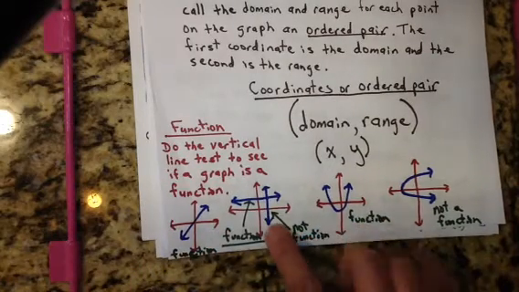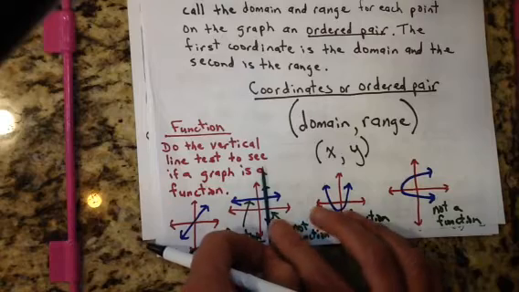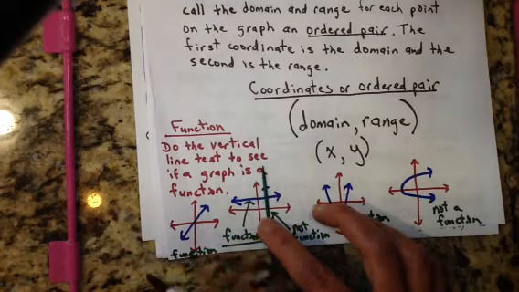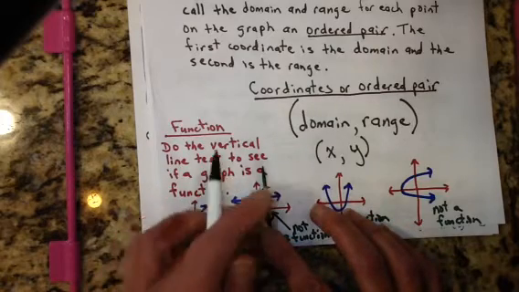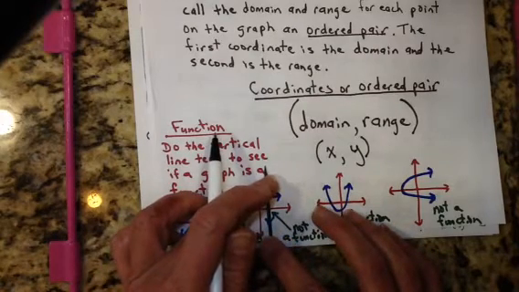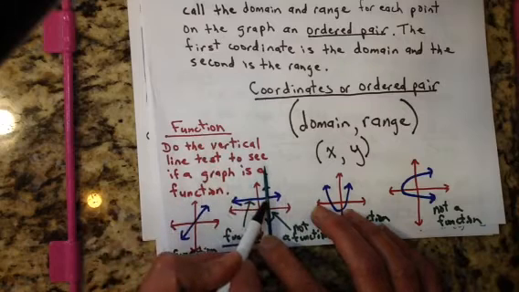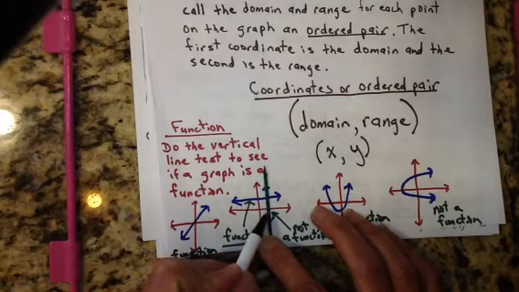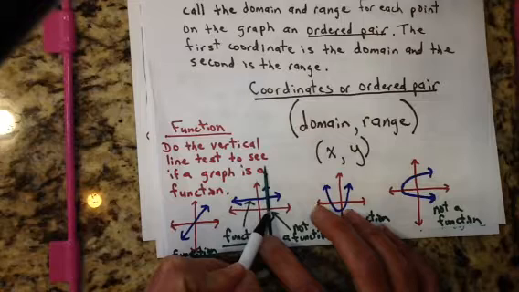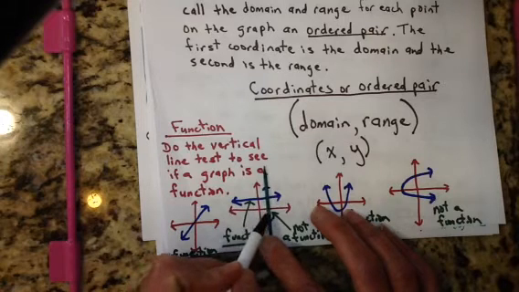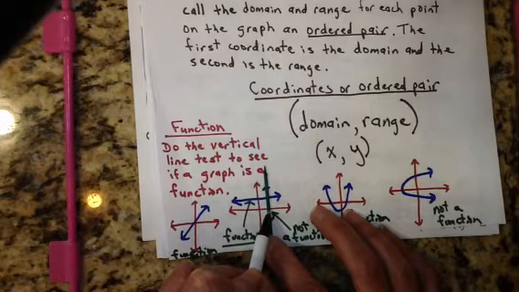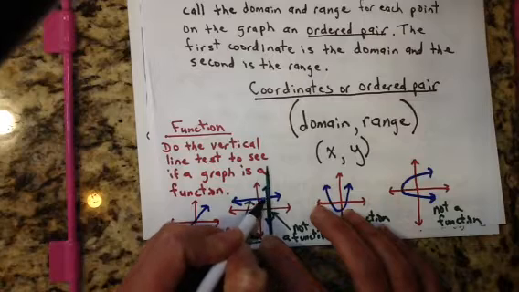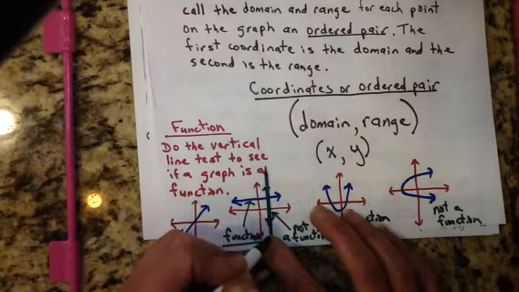However, look at this vertical line. When I put my straight toothpick on top of that, you can imagine if x were, say, 2 right here on the graph, y would be many values all the way up the line, all the way down the line.